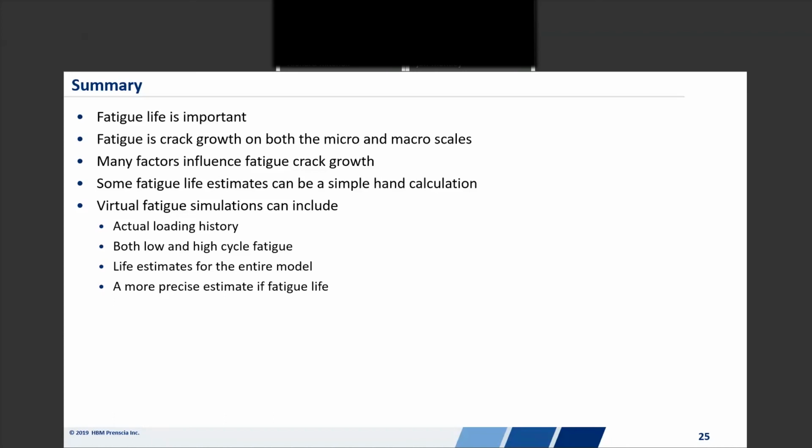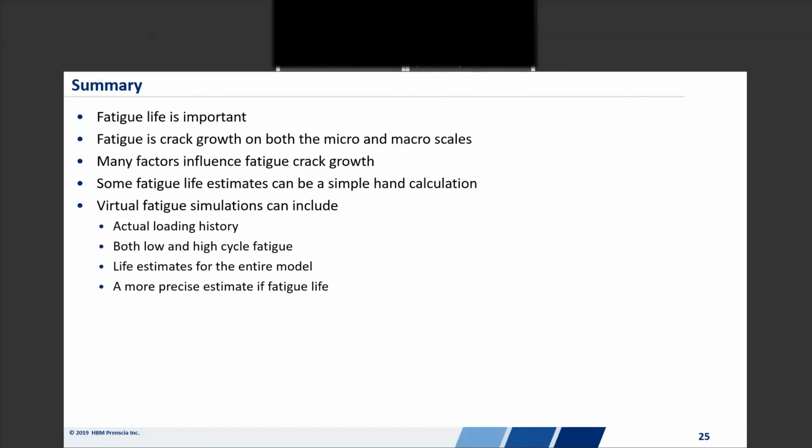However, we can start to incorporate virtual fatigue simulations by using virtual models, virtual stress analysis leveraging finite element calculations inside of a fatigue prediction, and here be able to go off and accommodate actual loading histories, the lifetime of a wind power system, or a life of an aircraft, total life of a car.